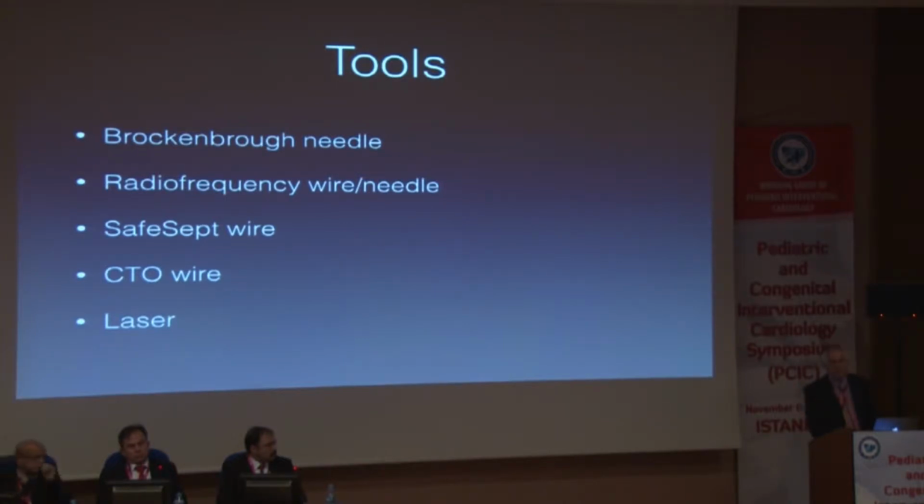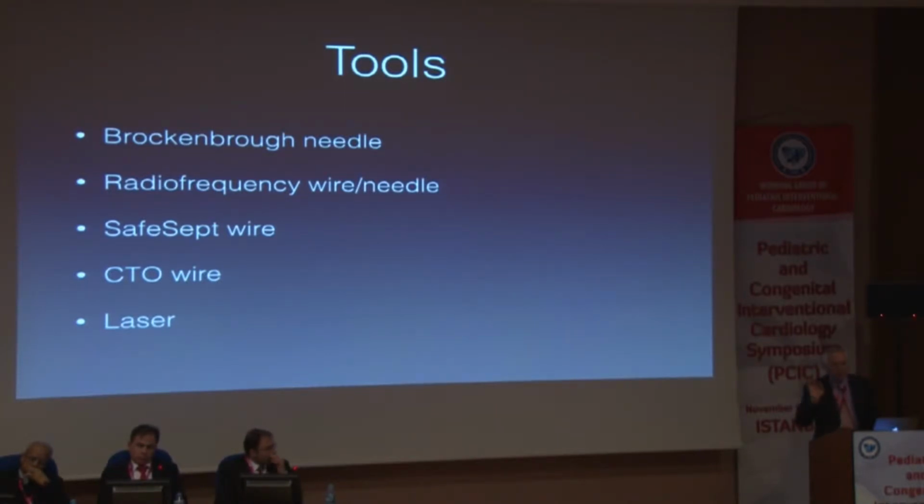However, increasingly, because of the availability and because of their properties, people are using chronic total occlusion wires. These are the wires that are used for coronary arteries and peripheral occlusions, and they are extremely good at creating perforations with a very small wire and with very little damage. Remember that when you're actually perforating with the radiofrequency wire, you're going to create a burn.